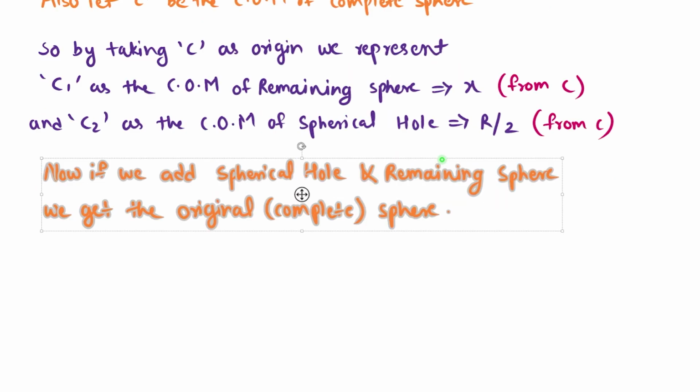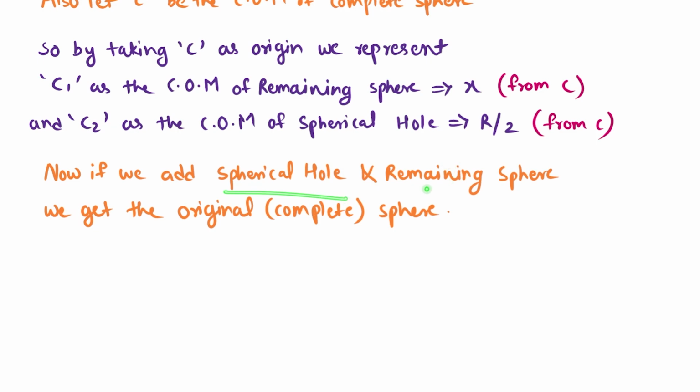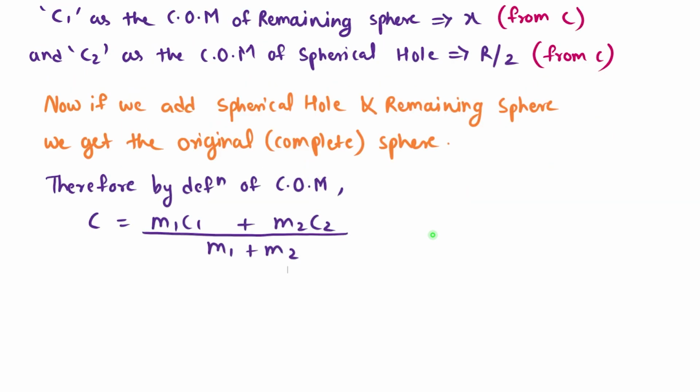So as per the definition, since we have defined that if we were to combine the spherical hole and the remaining sphere, we would get the original and complete sphere. So based on this, the center of mass for a system is to add the moments of masses for all the participant objects and divide by the total mass of the system.